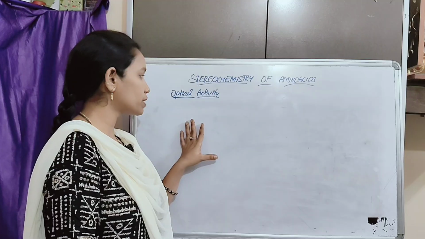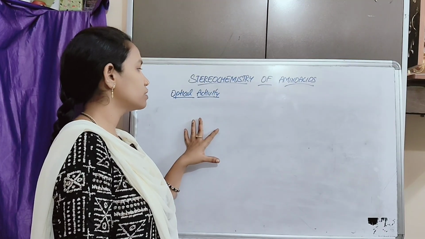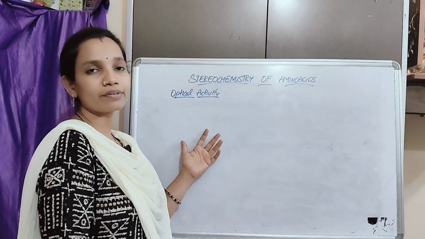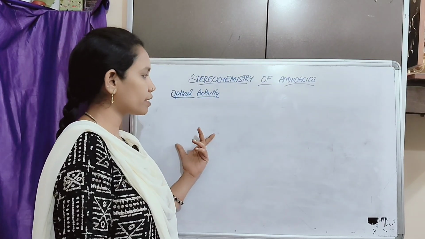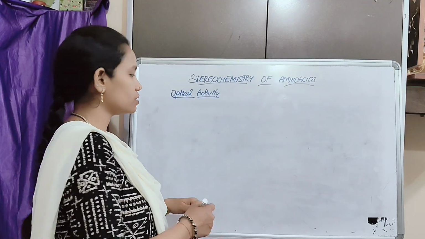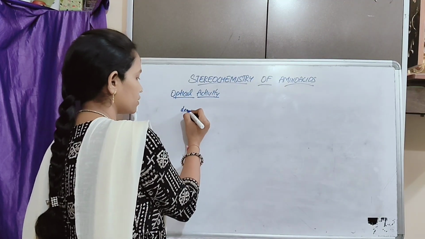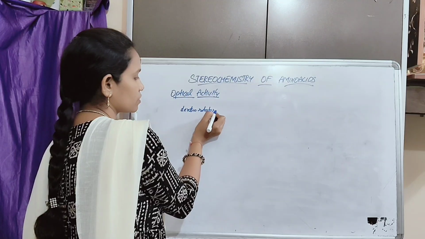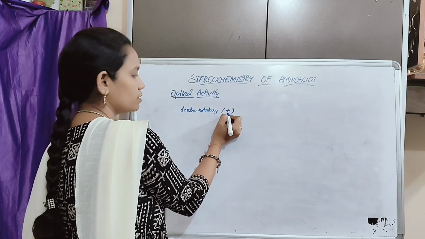What is an optical activity? This will tell us whether the chiral molecule can rotate the plane polarized light or not. If it rotates towards right, then it is dextrorotatory, and we have to assign the symbol plus.